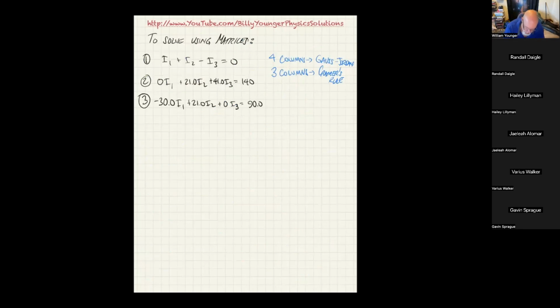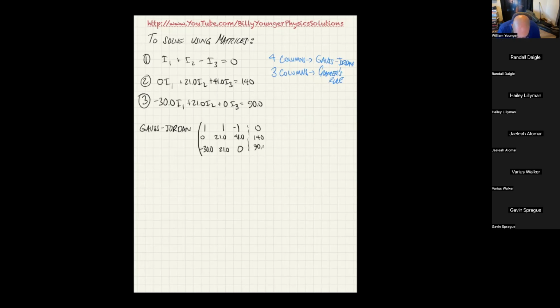So if you want to use Gauss-Jordan, what you're going to do is take this matrix, which is going to be 1, 1, negative 1, and 0, 21.0, 41.0, and negative 30.0, 21.0, and 0, and then over here you'd have 0, 140, and 90.0.